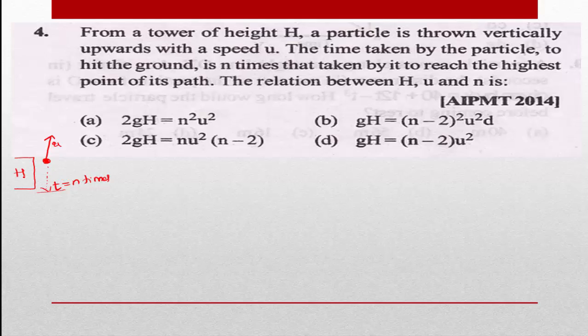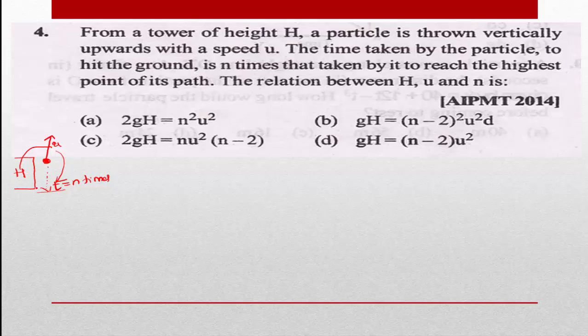What is the relation between h, the height of the tower, and u, the speed with which the particle is thrown vertically upwards, and t equal to n times, meaning the time taken by the particle to hit the ground is n times? What is the relation between h, u and t? T means time, u means initial velocity when the particle is thrown vertically upwards, h is the height of the tower.